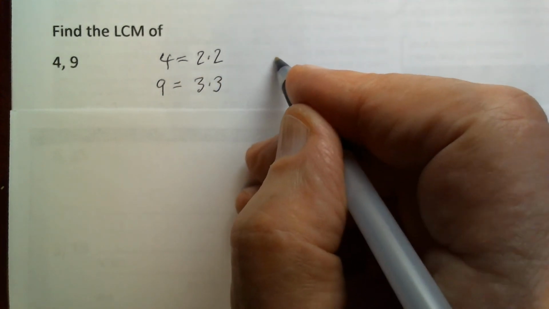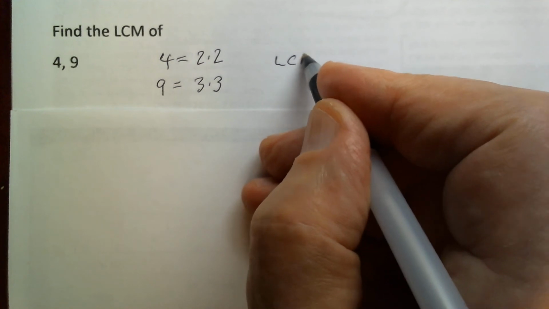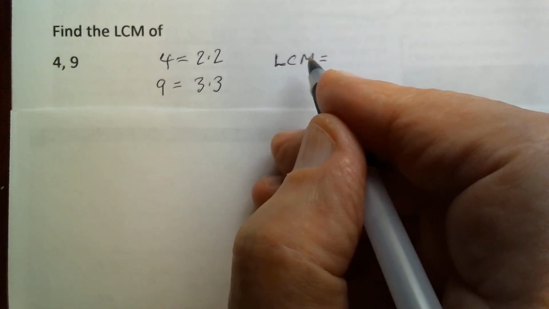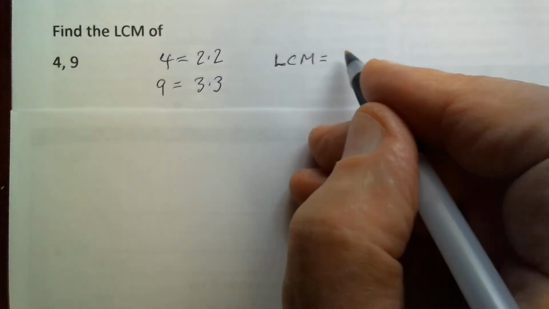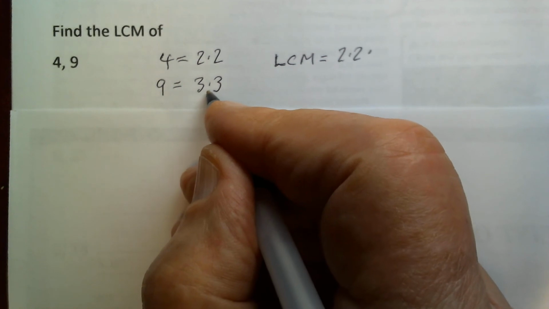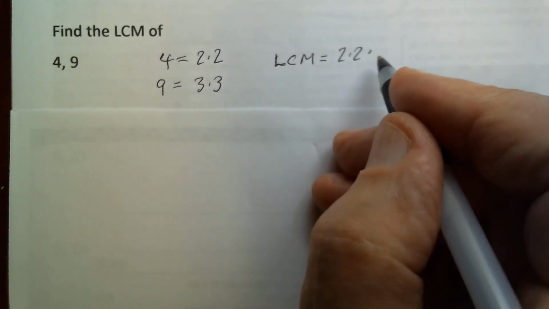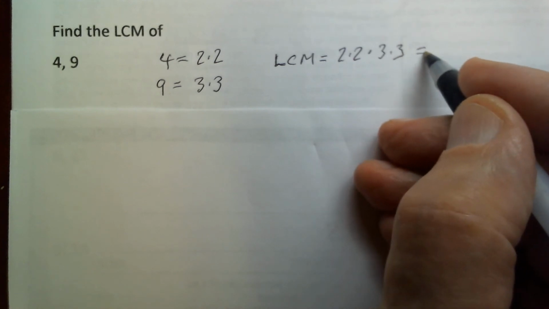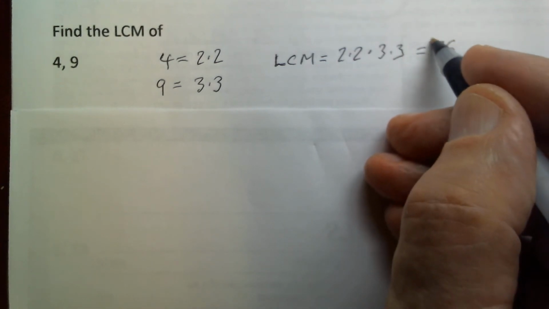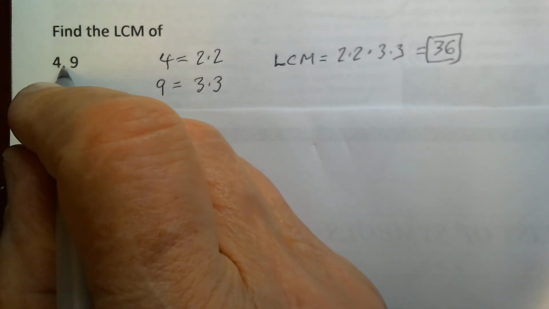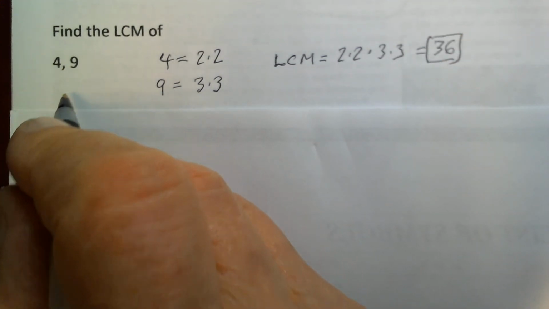So therefore the LCM is equal to the greatest number of times that the factor 2 occurs, and that's 2 times 2, times the greatest number of times the factor of 3 occurs, and that's 3 times 3, and that is equal to 36. So that is the LCM for the numbers 4 and 9. Very simple example.